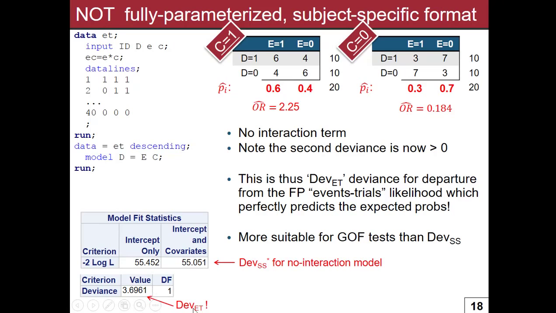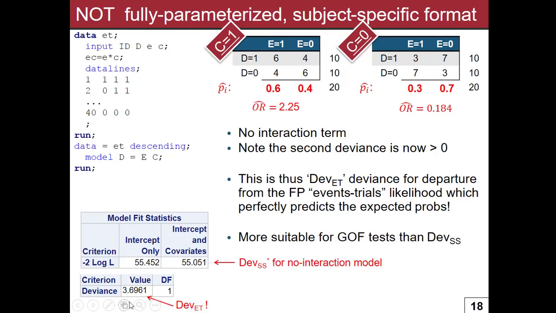We call it the deviance ET because it has to do with events trials data, which we could go into, but I think we may have a slide on it at the end as supplementary. But we call this the deviance ET, and this is the deviance statistic that compares your model to the fully parameterized model, not the saturated model, because the saturated model always has a denominator of 1 for that deviance statistic.